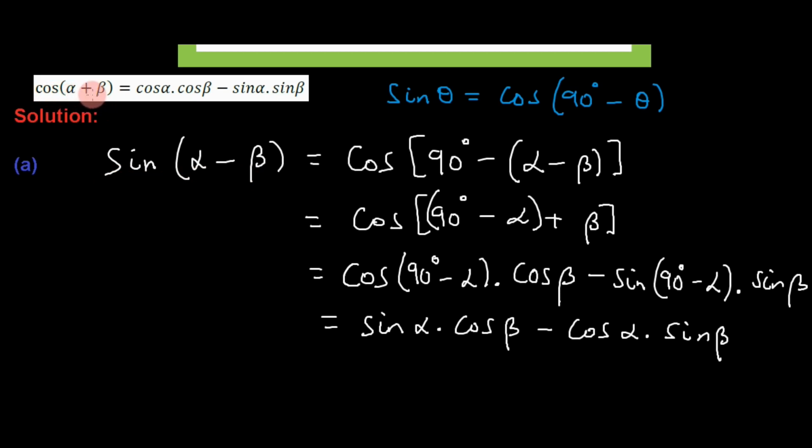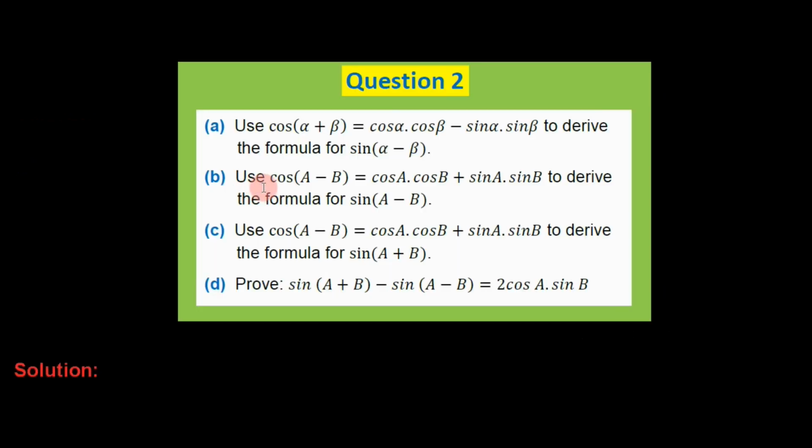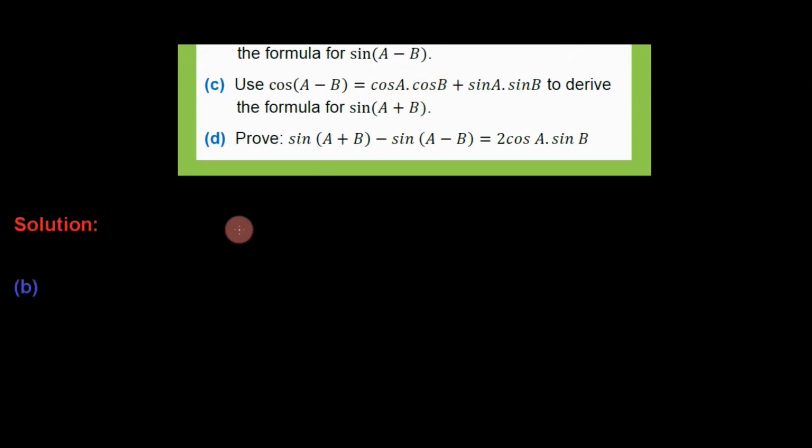Then in B, we have to use the cos expansion for A minus B to derive the formula for sine of A minus B. So it's very similar to the first derivation. So let's start with the sine of A minus B. Once again, we're going to use co-ratios.